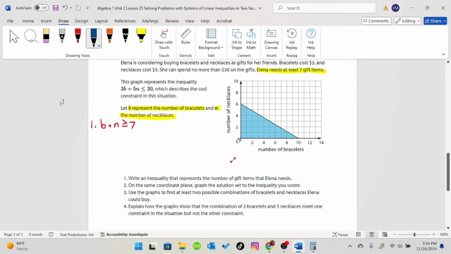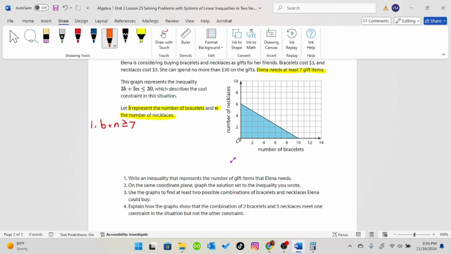Number 2. On the same coordinate plane, graph the solution set to the inequality you wrote. So what we can do is, if we allowed b in number 1 to be 0, then that tells us n must be greater than or equal to 7.